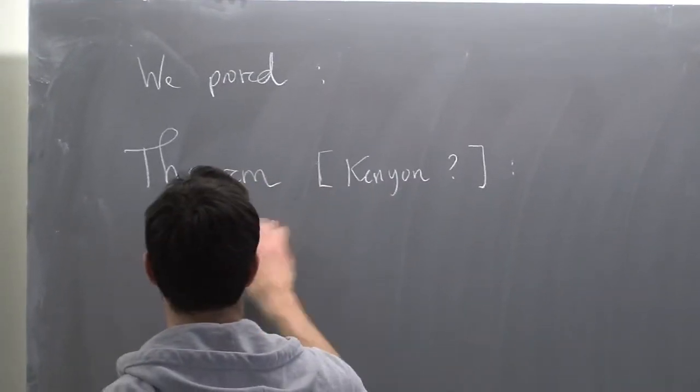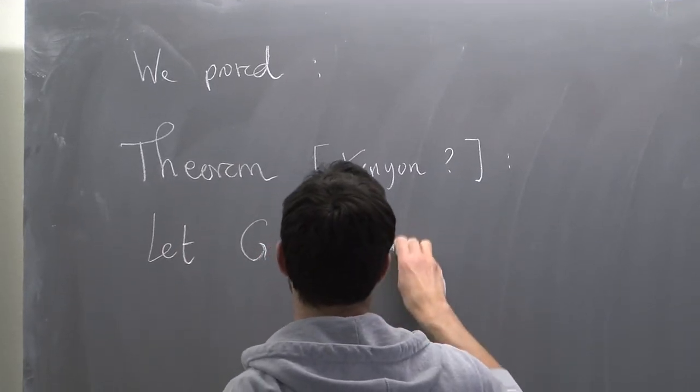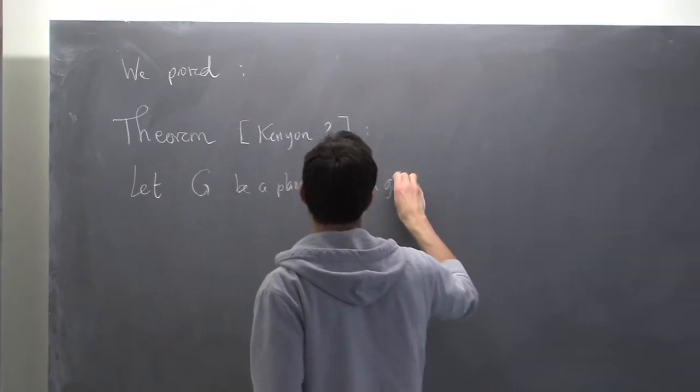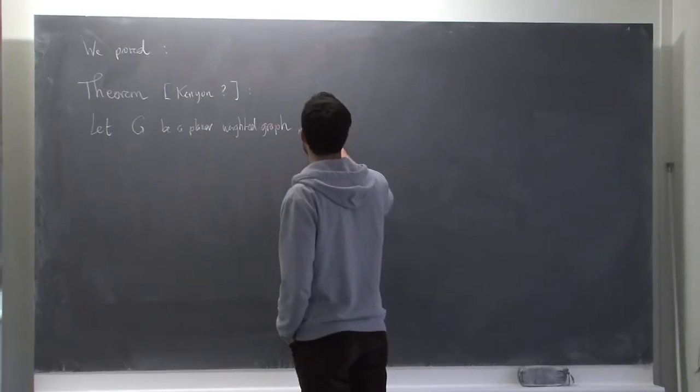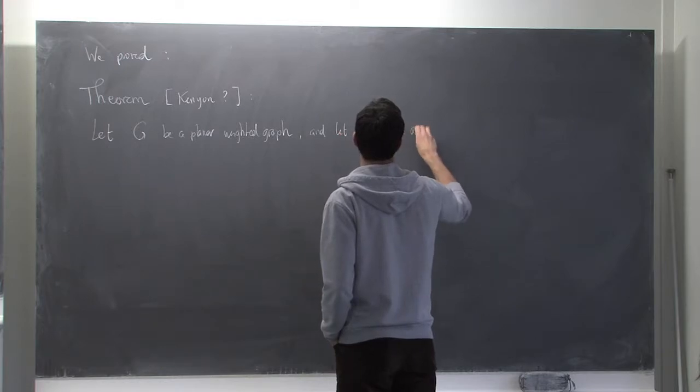Let G be a planar weighted graph, and let A be an associated Kasteleyn matrix.